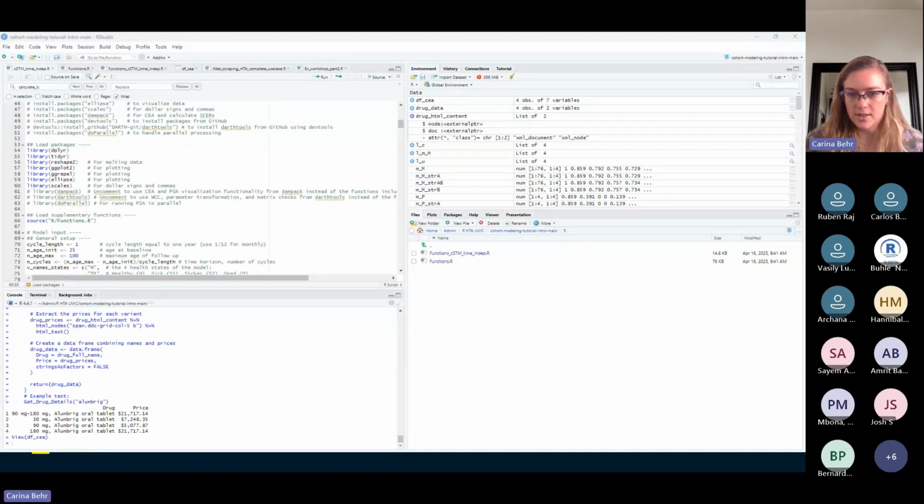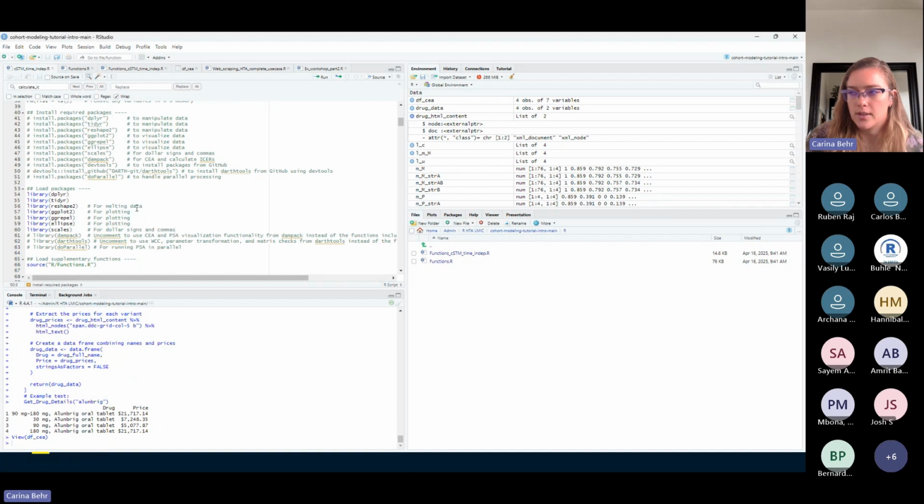The error in the chat here says that the DARTH tools package has not been installed. So just use the code that's already here: uncomment this and run that to install DARTH tools.